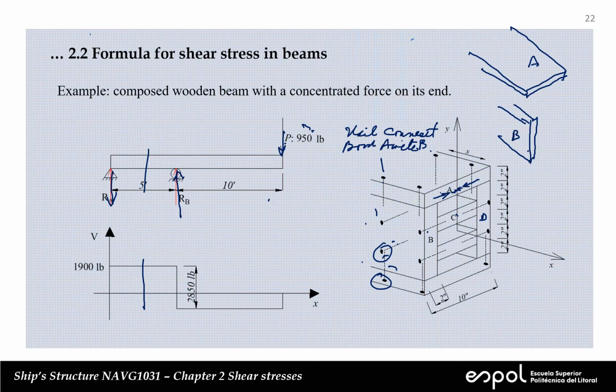That means that on the symmetry axis, on the y-axis, the shear stress has to be 0. Otherwise, we will have no cancellation in the Z direction.